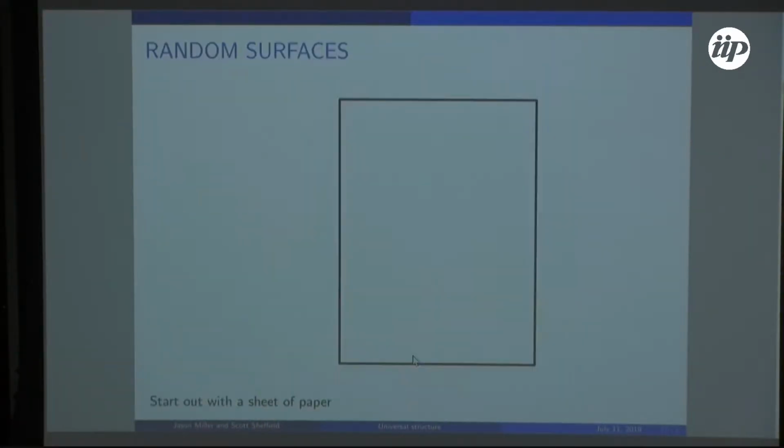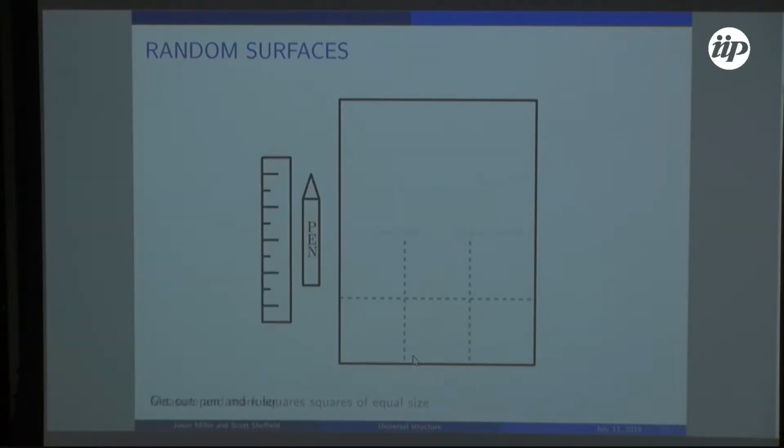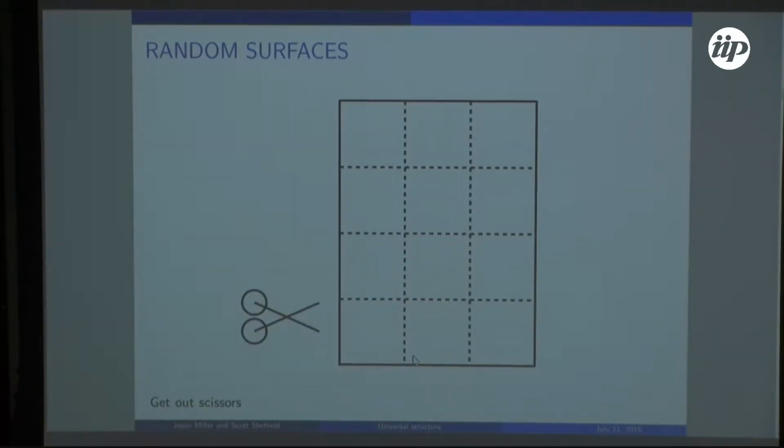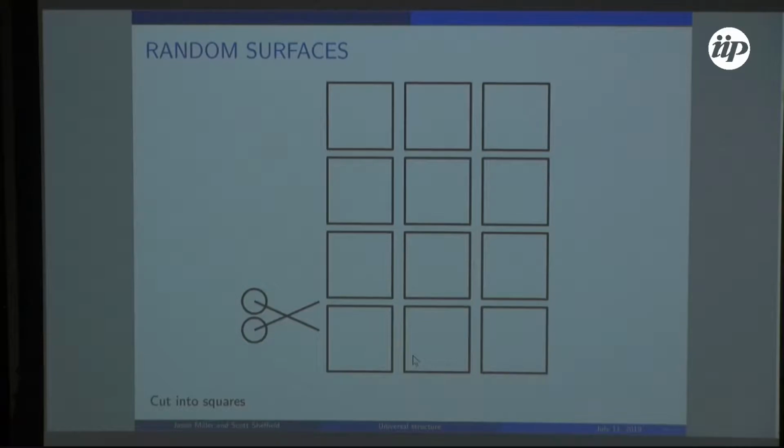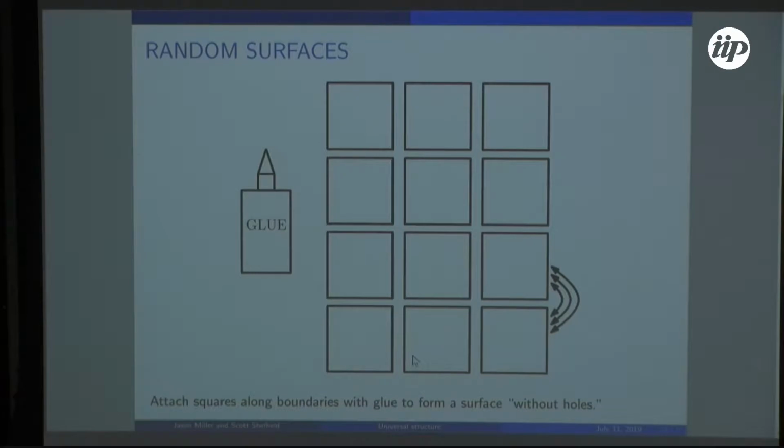Okay. Now, random surfaces. Here's a story. Just take some paper and make 12 squares. Now imagine that you take out some glue and try to glue these squares together. For example, maybe I take this edge here and glue it to this edge here.